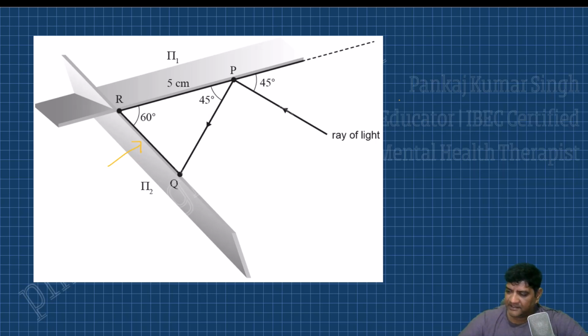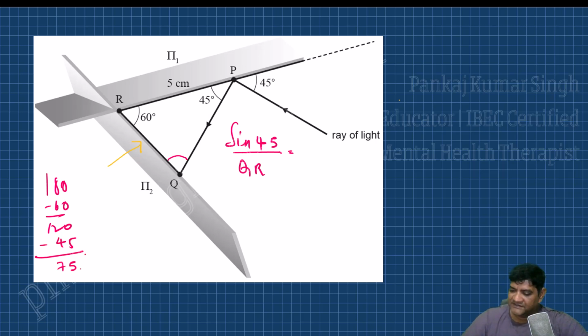I can say that sine 45 divided by RQ or QR is simply equal to this angle, whatever this angle is, and that angle can be found out using the angle sum property. So I know that it's going to be 180 minus 60, which is 120, and 120 minus 45, right? So this is 75, and that's the reason why we found out the other value, which is sine of 75.